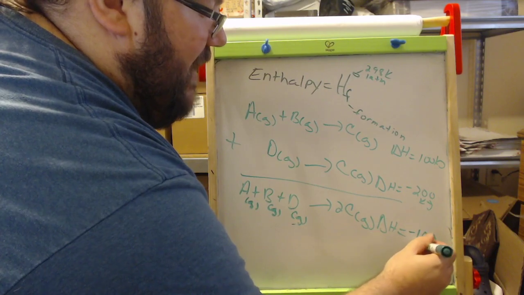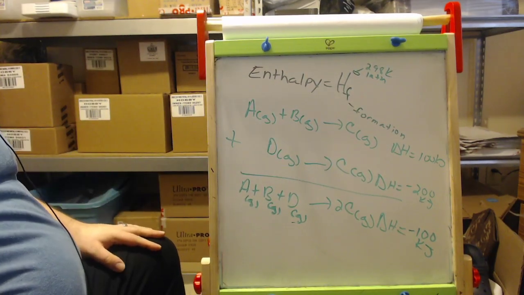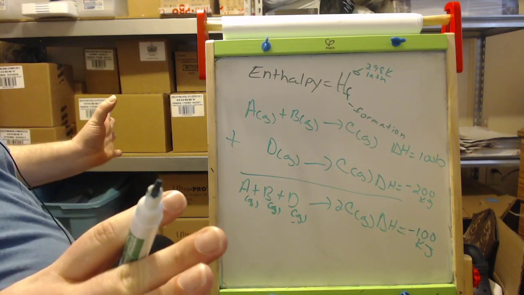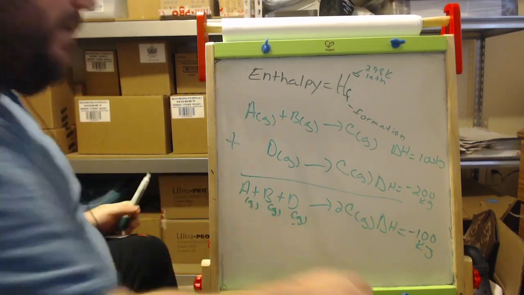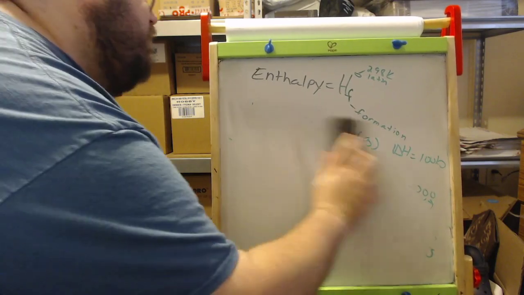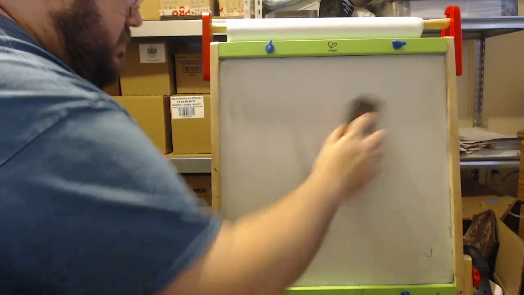Therefore, this delta H must be negative 100 kilojoules. All right? That's the principle of Hess's law. Sounds really simple, and it is, except here's what happens sometimes. And you should take notes on these rules for Hess's law.